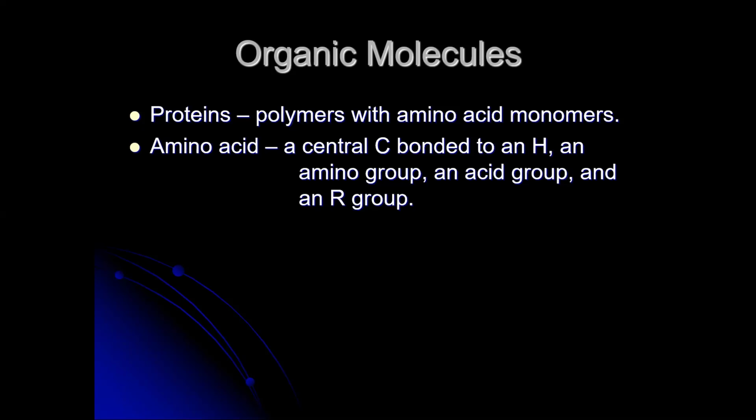I'll give you some examples here. I don't know that I've got any pictures. I'll probably have to draw it for you. In the classroom, I have overheads I'd throw up to look at these. But anyway, we'll make do. An amino acid has a central C bonded to an H, an amino group, an acid group, and an R group.